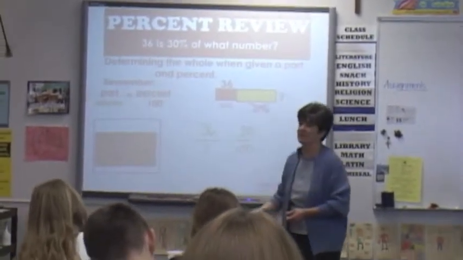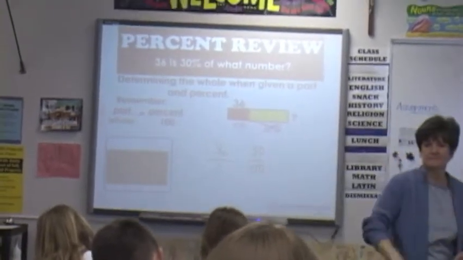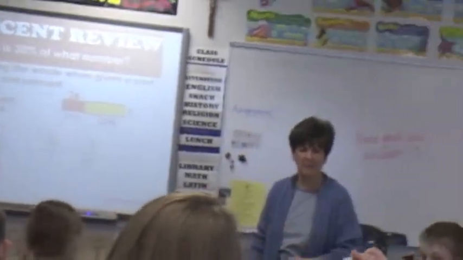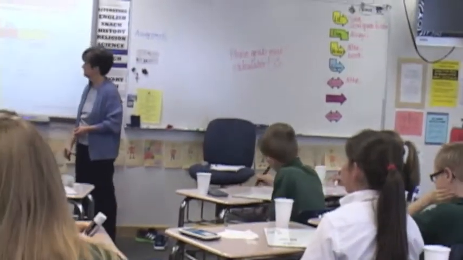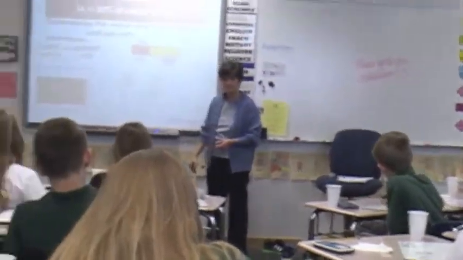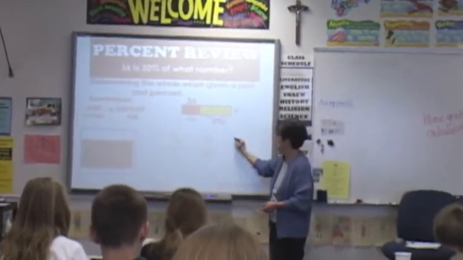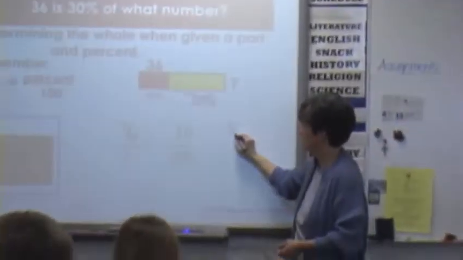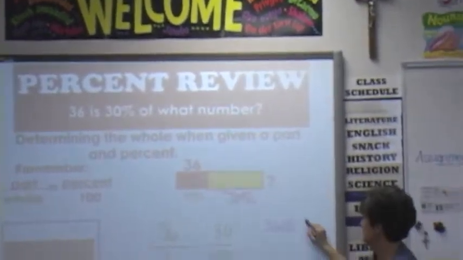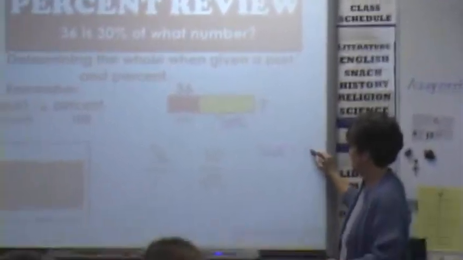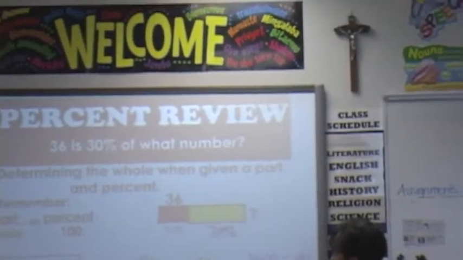Okay, who's going to take it from there? Go for it, Gabby. What are we going to do next? You can cross multiply 36 and 100 to get 3,600. And then you divide that by 100 and you get 36.